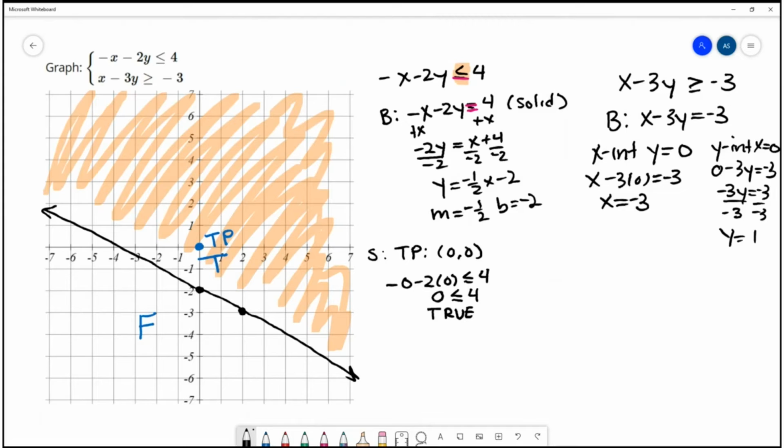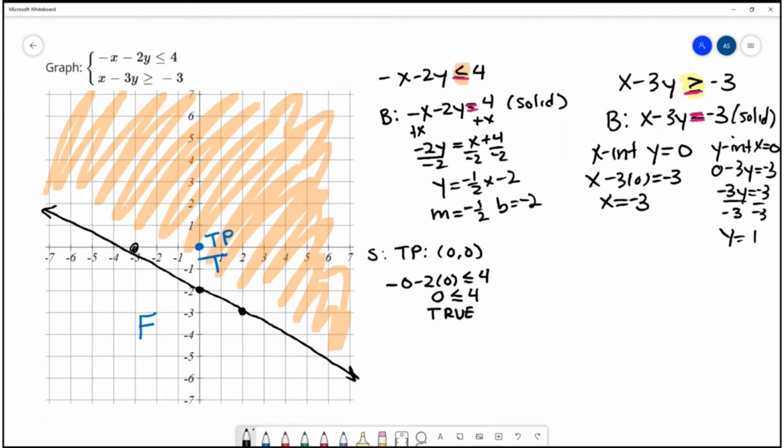So we want to draw this boundary line, and once again we need to decide whether to draw the boundary line as a solid line or as a dashed line. Our inequality has an equal to, and so we're going to draw this boundary line as a solid line to indicate that the boundary is included.